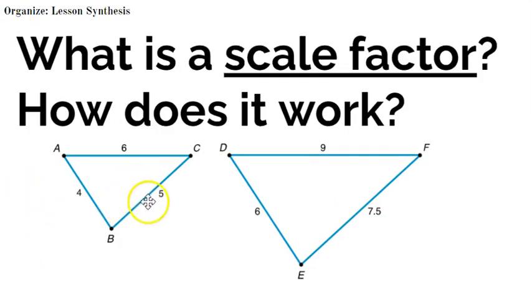So how does a scale factor work? Well, again, you're looking at something that you are either multiplying by, or if you're going from a bigger to a smaller, that you're dividing by, that works on all the pieces to make them work. Now, it's not adding or subtracting, it's multiplying or dividing. So like here, we've got 6 going to 9.